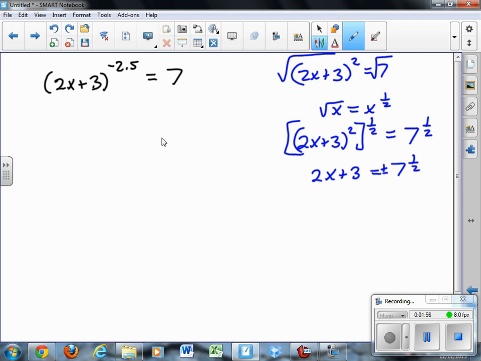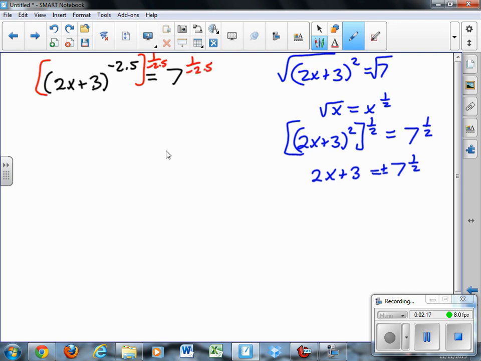So let's take that same principle over here. Notice the idea: if I raise it to a reciprocal power, then I just get 2x + 3 to the first power, so I get rid of that exponent. So here I could raise it to the reciprocal power, 1 over negative 2.5.